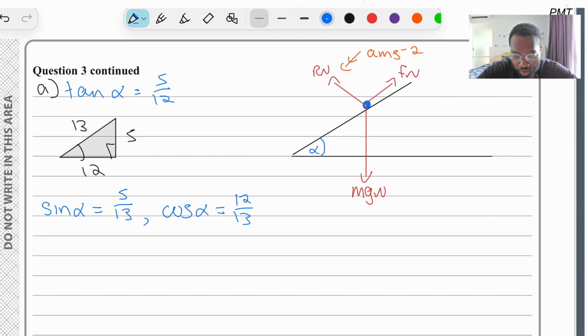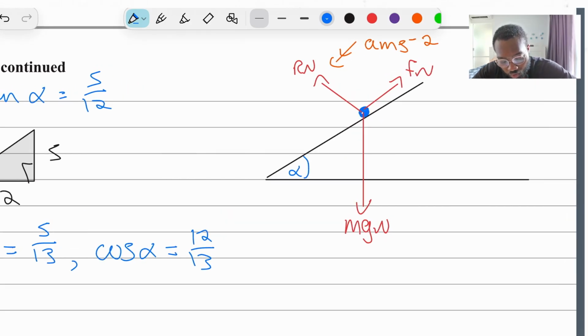So how can we look at that R newtons? Well, if I just draw in this angle here, and if I draw a dotted line here, we know this will also just be alpha.